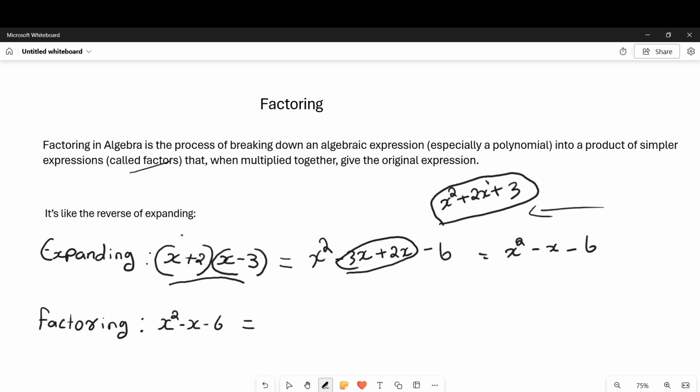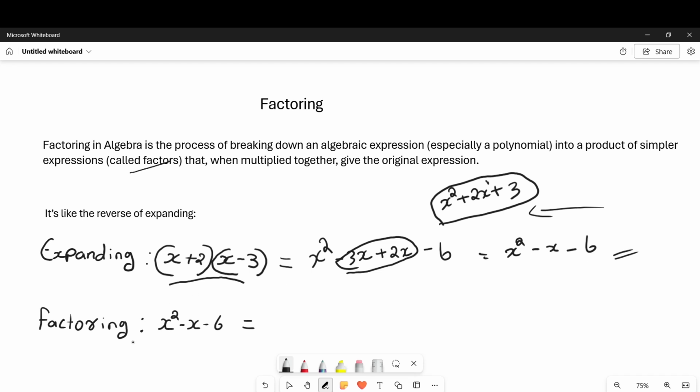These are the two factors of this expression, and this is the original expression. It is a polynomial expression. So what is the factor of this polynomial expression? Expanding is multiplying two factors to get the original expression.